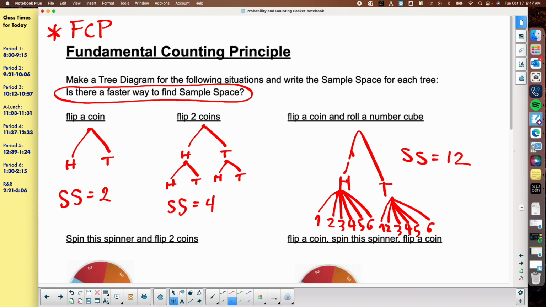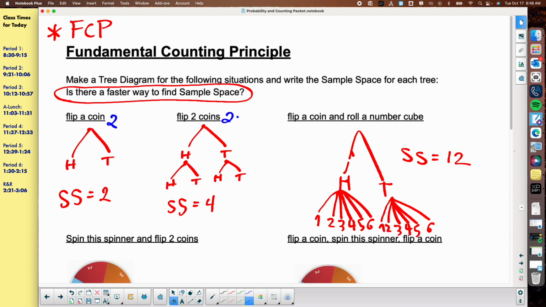Perfect. You can multiply the number of choices. If you are a visual person, drawing this is great. If you're a formula person, you multiply the number of choices each time. Flipping a coin, well, there's only one choice. Flipping two coins. The first time you flip a coin, two things can happen.